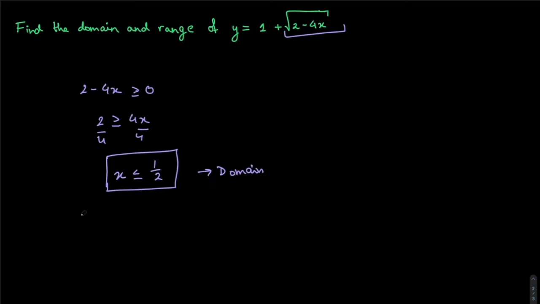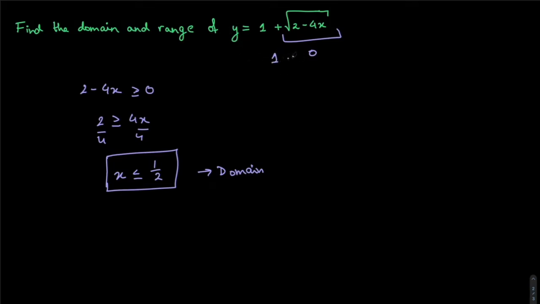So that is my domain. And my range won't be this. It won't be greater than or equal to 0 because we have a plus 1 here. This is where the range is affected by the 1. The square root part can still yield 0, but the entire y value won't be 0.